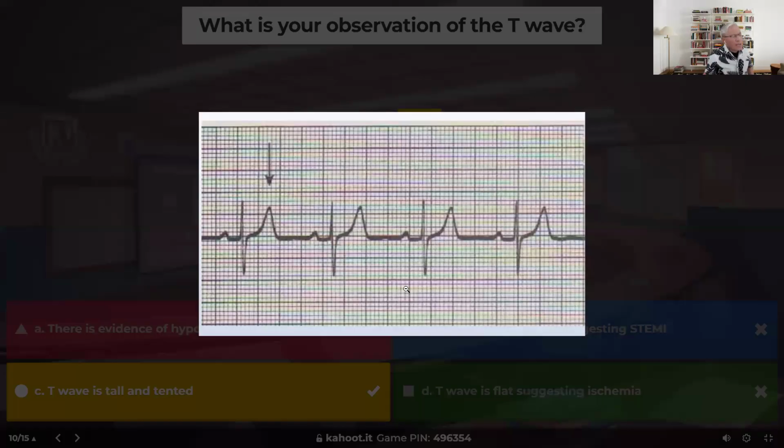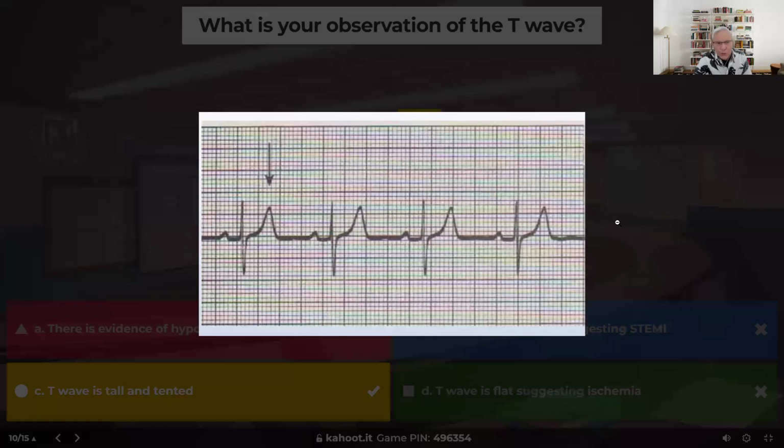Okay, so let's discuss a T wave. The T wave should always be less than 1/2 of the R wave. So look at the height of the R wave right over here. 1/2 should be, the T wave should only be up to here, but it exceeds that. This means to say that this is a tall T wave.